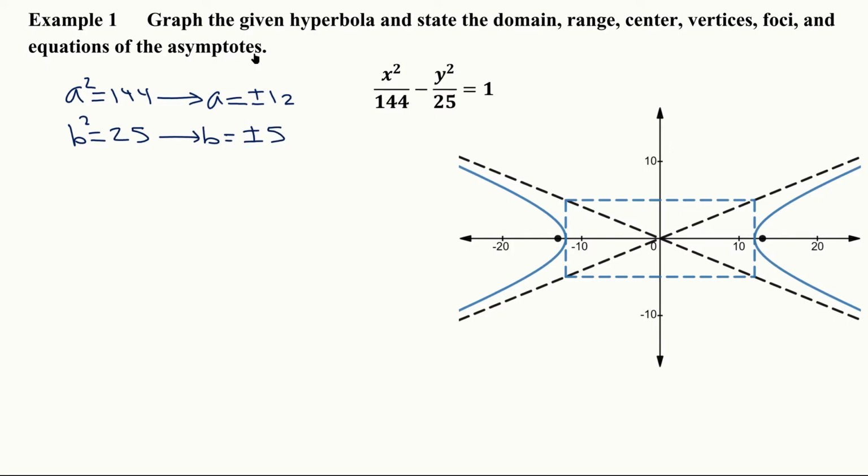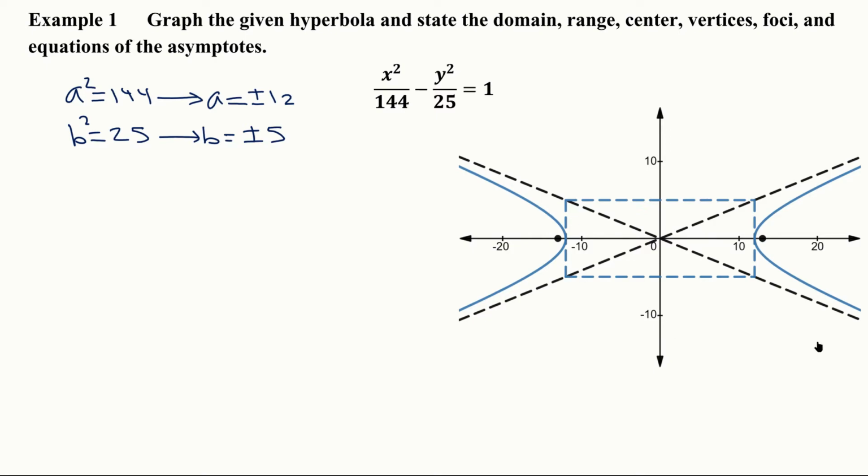Now, as far as finding the vertices are concerned, we're ready to go ahead and write that. All we need really is the a values for the two vertices right here and right here. But we will need the b values when we want to form our fundamental rectangle.